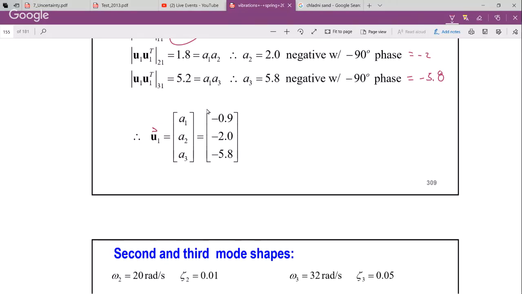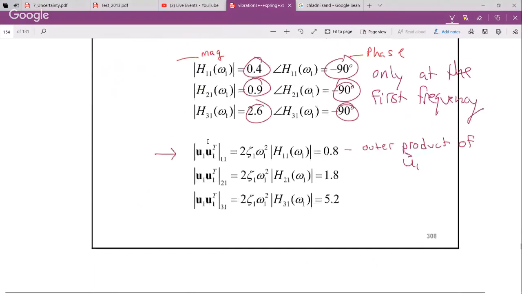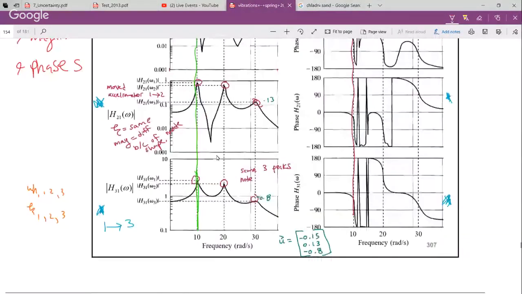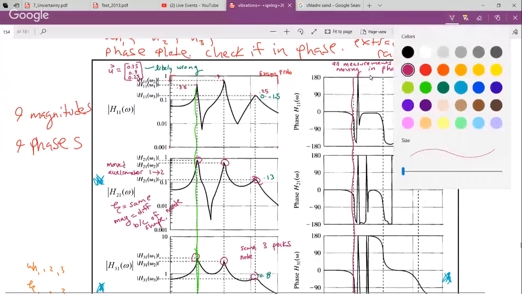Any questions at all? All right, we can do the same thing for the second mode. If I said extract the information you need for the second mode, what would you give me? First of all, which two vertical lines are important? Just the stuff at the second frequency. Yeah, for the second mode, wherever you see the second peak, everything is at this frequency, this vertical line right here.